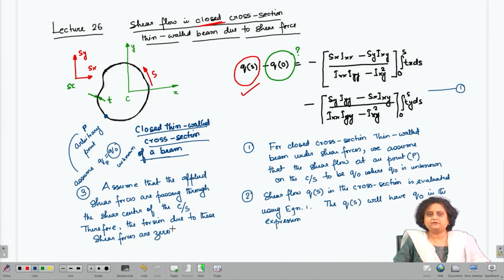And as we have discussed earlier, if the shear force passes through the shear center, the net torsional moment on the cross section is going to be 0.